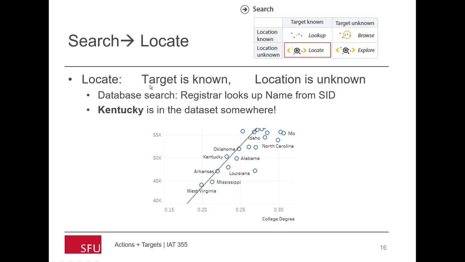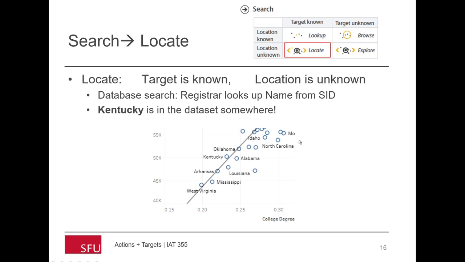Locate is where the target is known, but the location is perhaps unknown. And I'm doing a visual metaphor here with the scatter plot from lecture segments 4.1 and 4.2. So one of the typical things that you find, again, with student records is the registrar looks up a name and the grades for your courses from the student ID number.